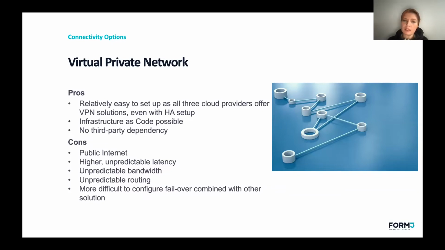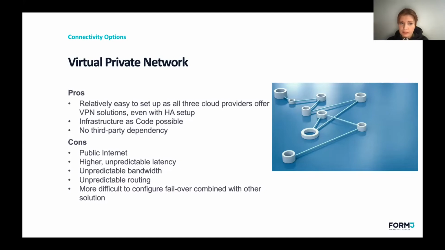Another thing is unpredictable bandwidth. So even though we have outbound and inbound rates guaranteed, once it goes to the public internet, you never know what happens.